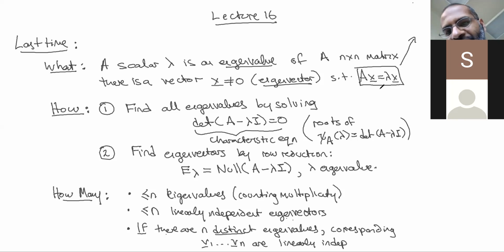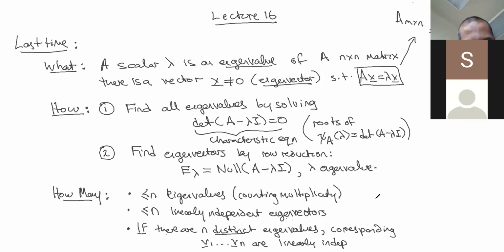In order for this equation to make sense, the vector on the left-hand side has to have the same dimension as the vector on the right-hand side. So if A was m by n, then Ax would live in Rm. But it has to equal a multiple of x, so m has to equal n. Okay, gotcha. Thank you. Yep.